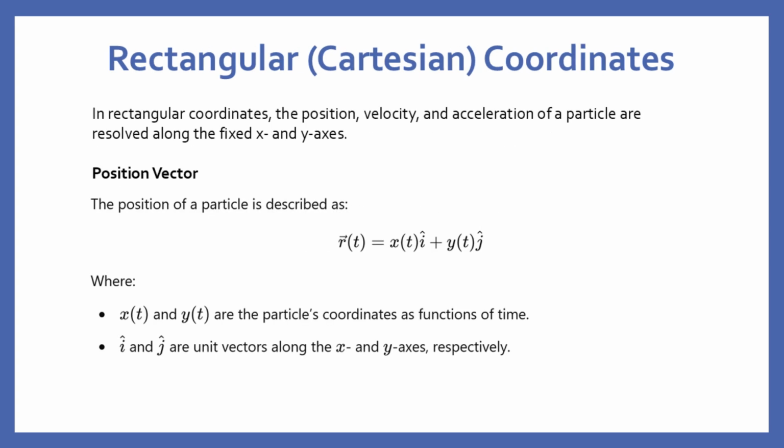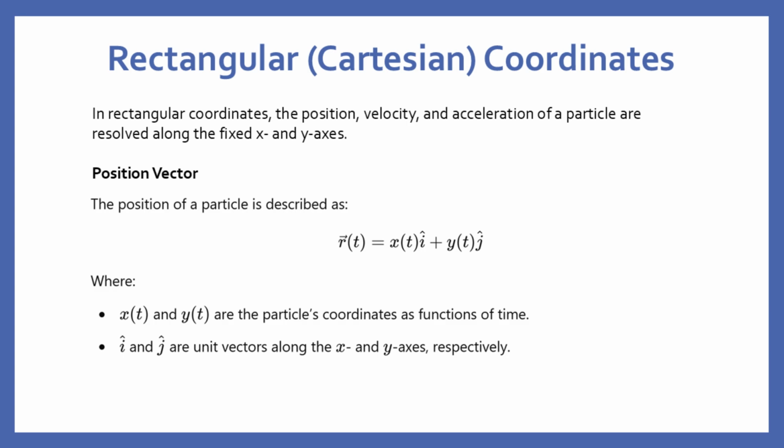Welcome to the coordinate system that makes motion tracking possible. Rectangular coordinates use fixed x and y axes to describe a particle's position, velocity, and acceleration. Think of it like a map, where every point has a precise address. The x-axis represents horizontal movement, while the y-axis shows vertical motion.